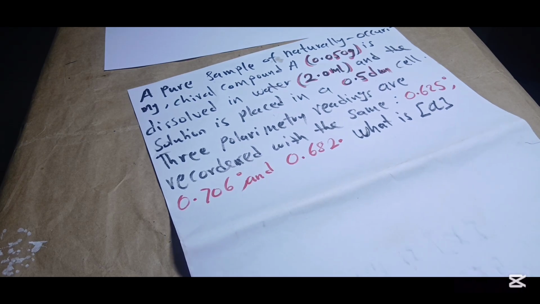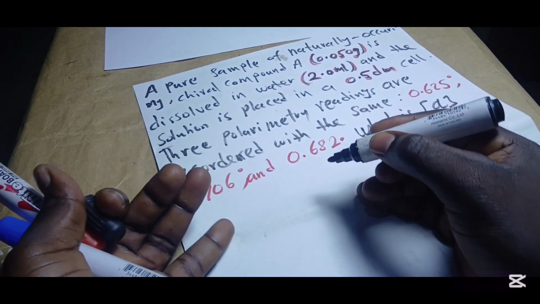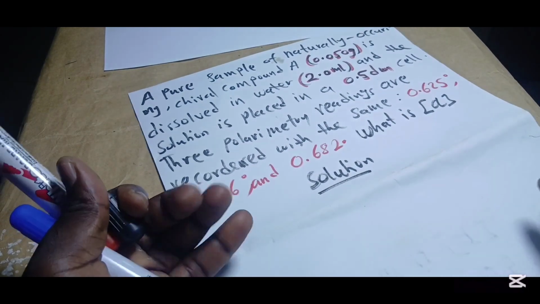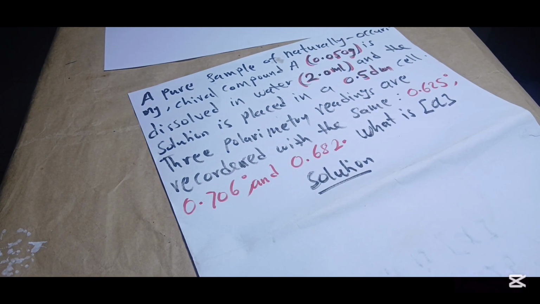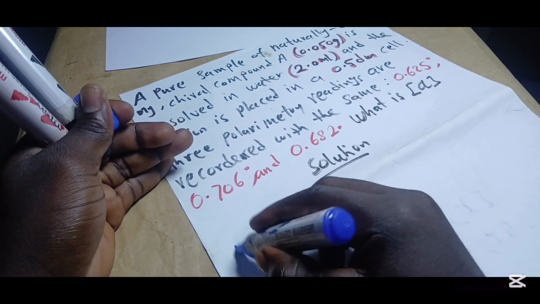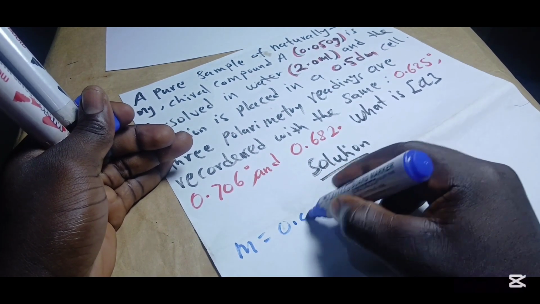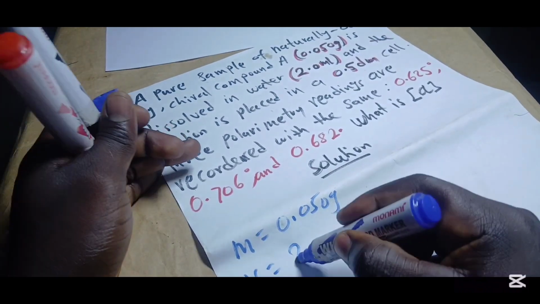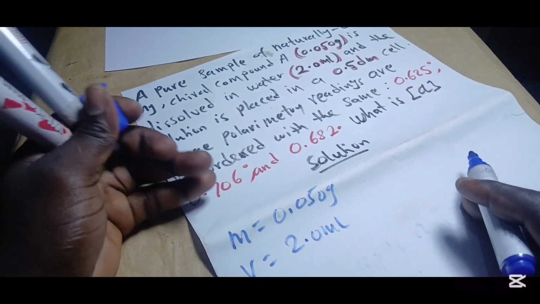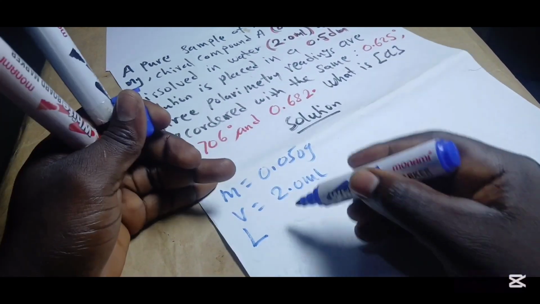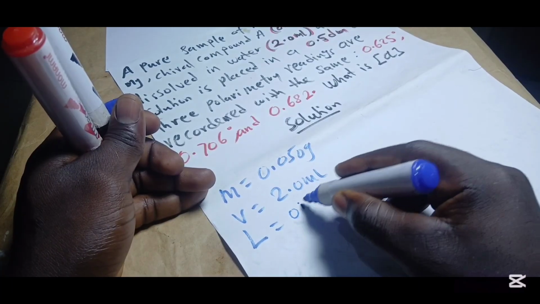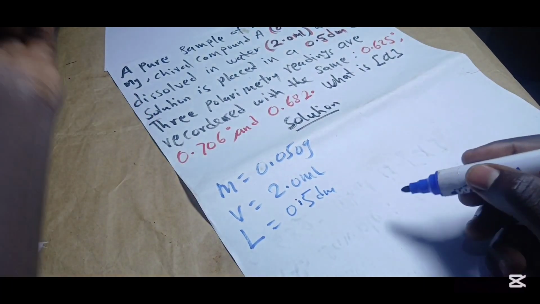So first of all, we need to calculate. Before that, let's see the parameters that we were given. We have the mass of the solution, which is 0.050 grams, and the volume, which is 2.0 ml, and the path length is 0.5 decimeters.